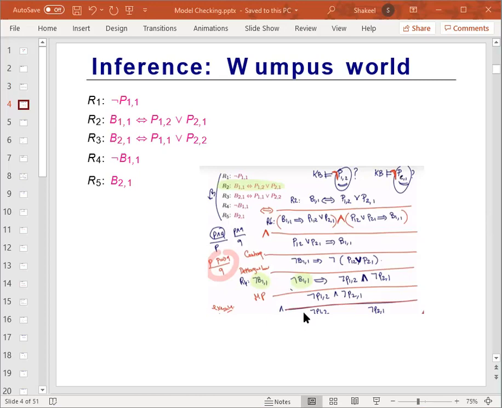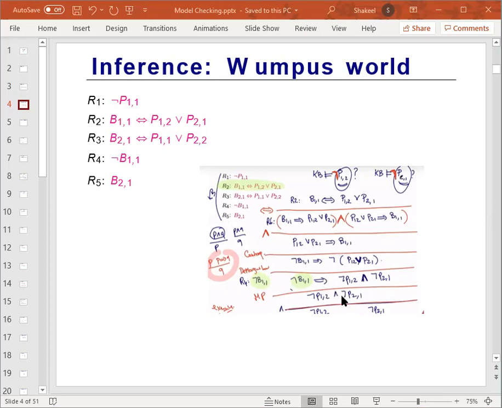All right, so from this I see that I have something that looks very much like modus ponens. I have P, I have Q, and I also have P here. So I am going to write this rule R4. But maybe before I do that, let me break this down, because it's the negation of the disjunction of P12 and P21.